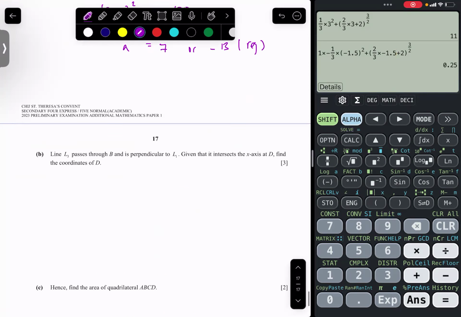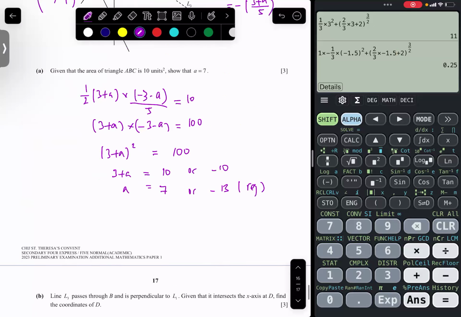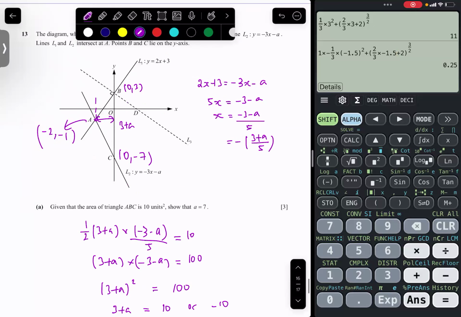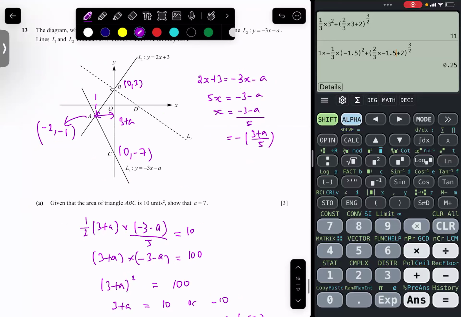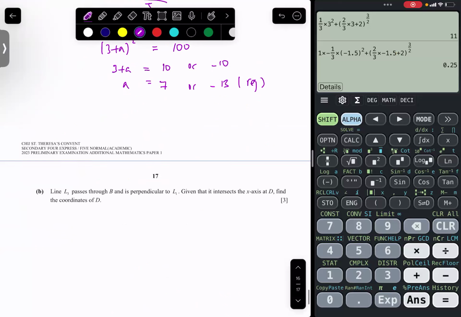Given that line L3 passes through B and is perpendicular to L1, and that it intersects the x-axis at D, find the coordinates of D. We know that the gradient of L1 is 2, so the gradient of L3 is negative half.